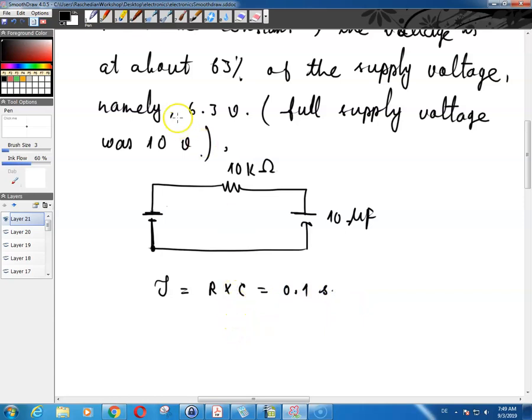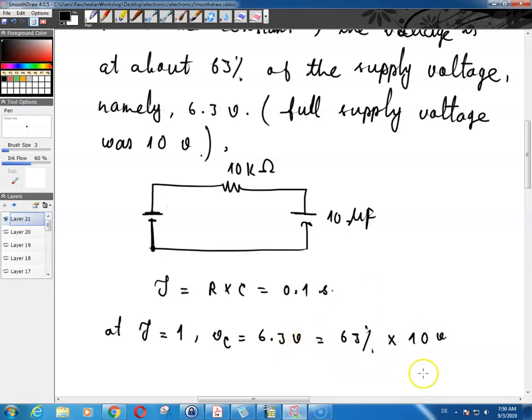Now, what that means is that at one time constant, when tau is equal to 1, the voltage of the capacitor V of C is equal to 6.3 volts, which is 63% of the supply voltage of 10 volts.